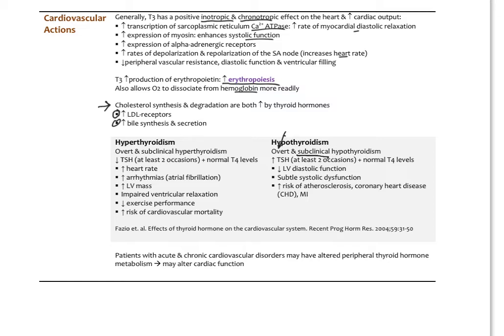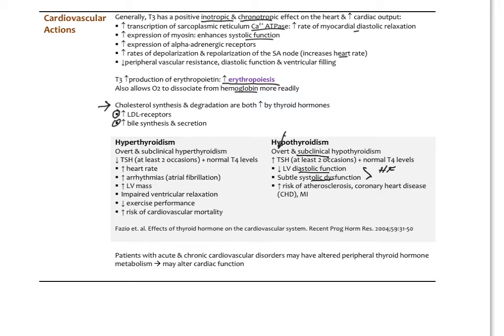So we're going to see decreased left ventricular diastolic function in hypothyroidism, subtle systolic dysfunction, and then increased risk of atherosclerosis and coronary heart disease and MI. So the diastolic and systolic dysfunction would both contribute to heart failure.